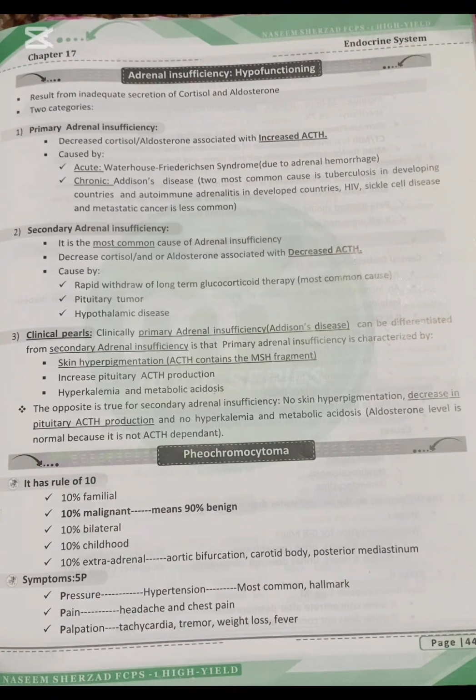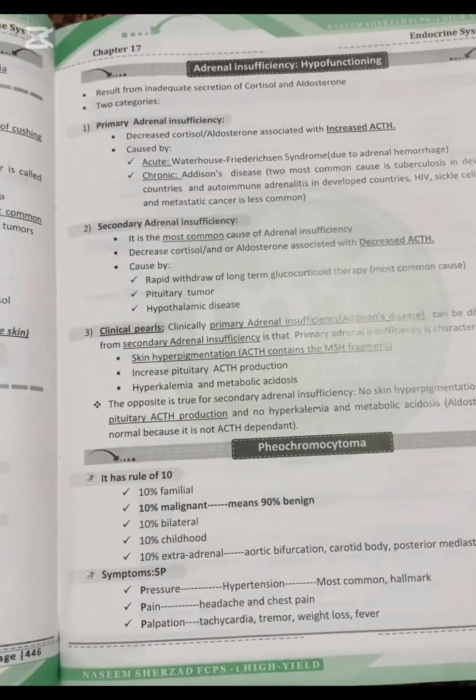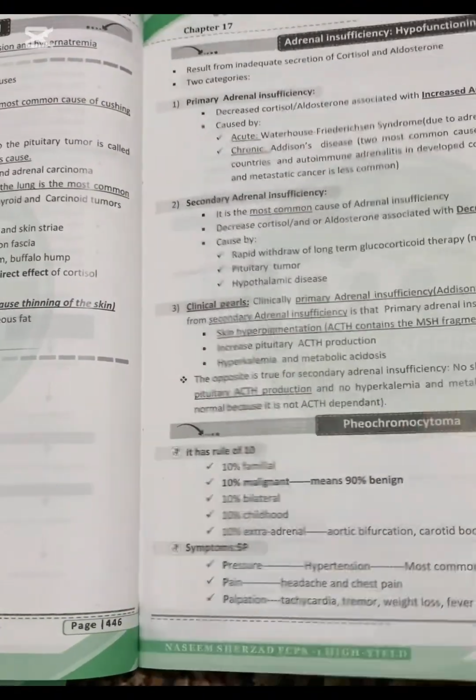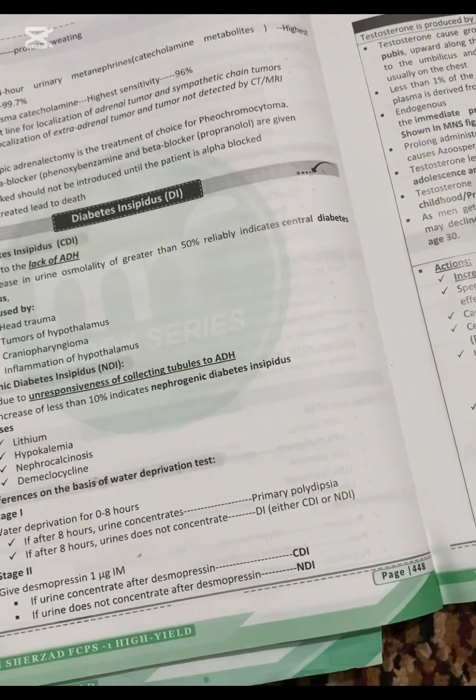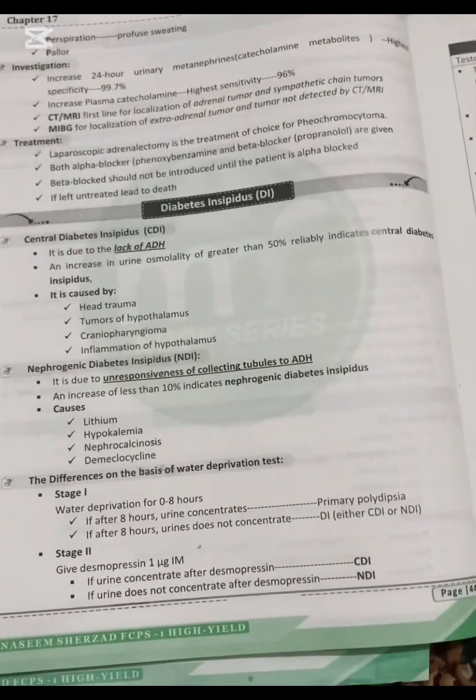If there is epinephrine, this will cause vasoconstriction. This will also activate the beta receptor. It will lead to tachycardia, tremor, and weight loss. So the understanding of this physiology is important. It also causes profuse sweating, right?